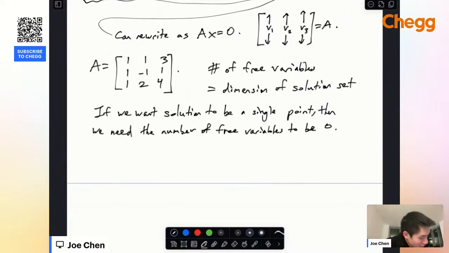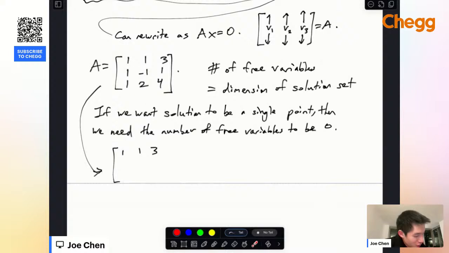Okay, so let's do another row reduction. As you can start to see in this class, most questions will involve a row reduction computation. So here we start with 1, 1, 3, and to eliminate this 1, I'm going to subtract the first row from it.